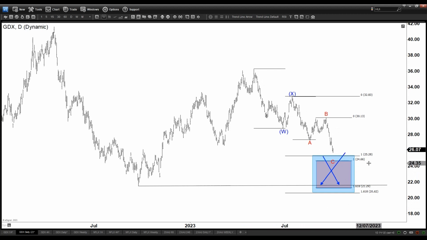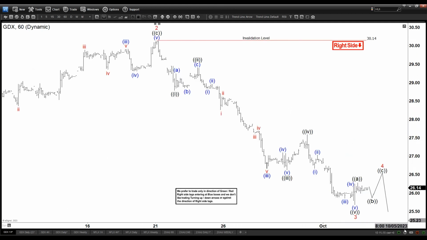So somewhere around 21.5 and 24.6 will be a potential support for GDX, from which we can start to see a bigger rally. For the shorter cycle, though, expect more downside still, and any rally to continue to fail in 3 swings or 7 swings for the downside.